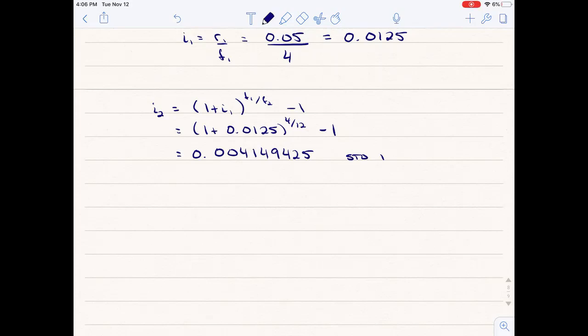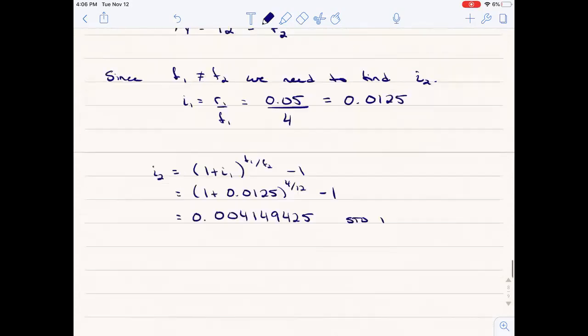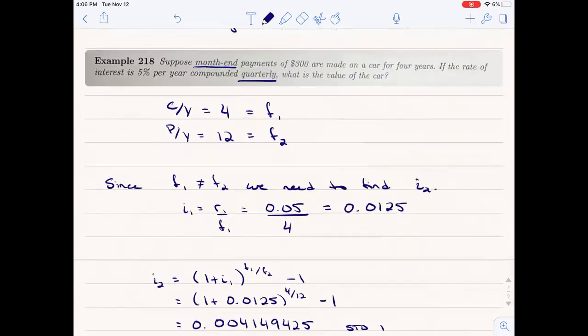Now we can map out our timeline, right? And so we're making month-end payments of $300 for 4 years. If the rate of interest is 5% per year compounded quarterly, what is the value of the car? So remember, we essentially got a loan for the car and then we're making payments. So the value of the car is the present value.